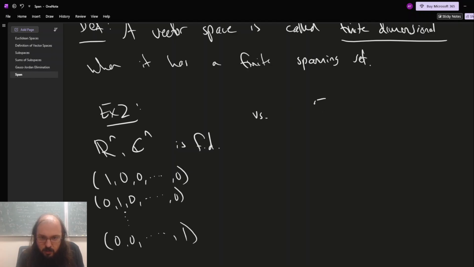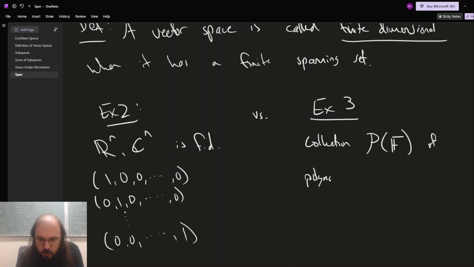Contrast with example 3, the collection, which we'll call P of F, of polynomials with F coefficients.